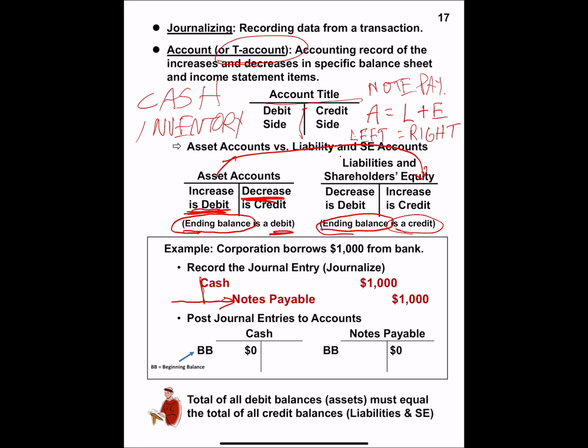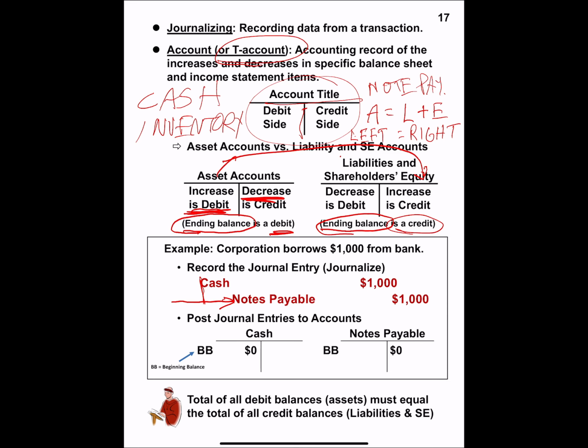Okay. As we'll see, once we are finished recording journal entries, the next thing we do is post our entries to their accounts. So going back up top here, we saw an account. Now we see specific accounts, a cash account, a note payable account. BB stands for the beginning balance. Let's say this is a brand new business, so the accounts are starting with a zero balance.